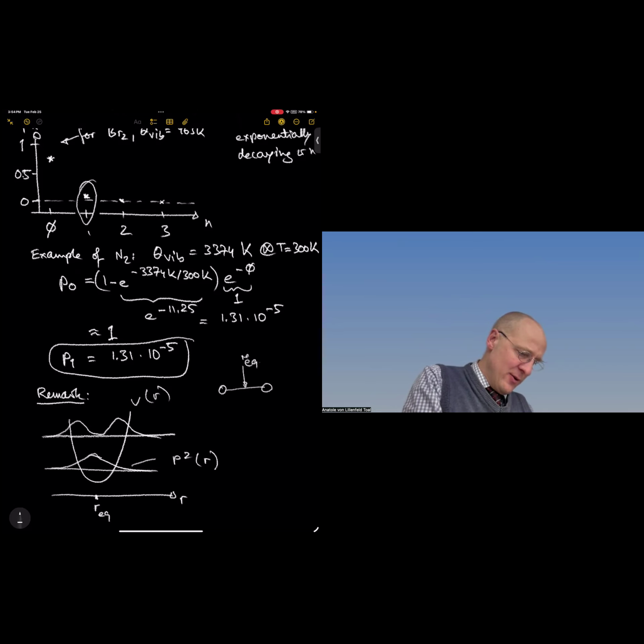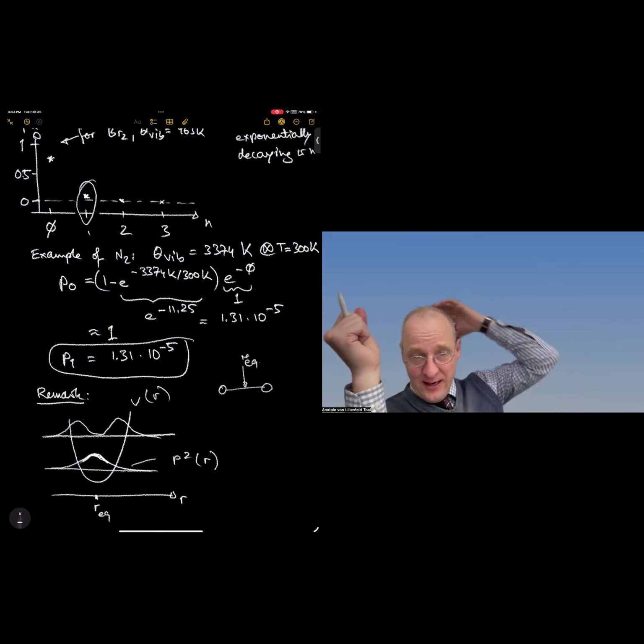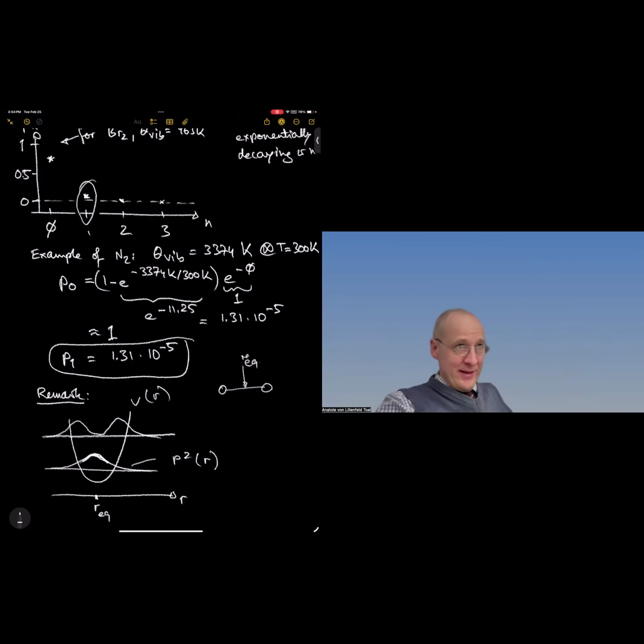That's where your ground state peaks, right? So the most likely distance in the ground state is the equilibrium. That's your bond length, which you're familiar with. But already just in the first excited state, that's not what you see.